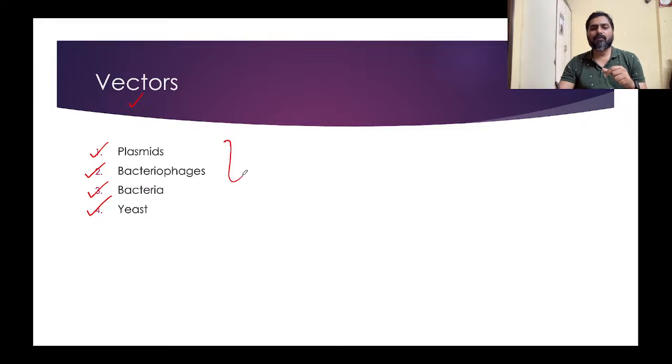So most microorganisms can be used as vectors. There is no restriction that only viruses can be used as a vector. The whole bacteria can be used as a vector, viruses can be used as a vector, fungi can be used as a vector.